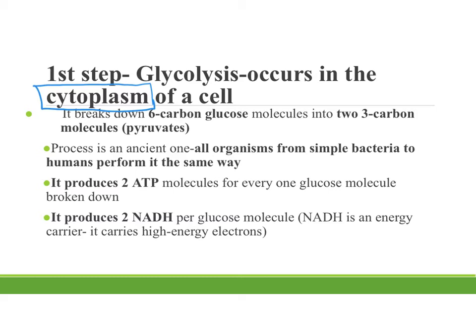So for this slide, if you want, instead of writing all these words, you can just copy this diagram that I'm going to draw here. So in glycolysis, we take glucose and we break it down into pyruvate.